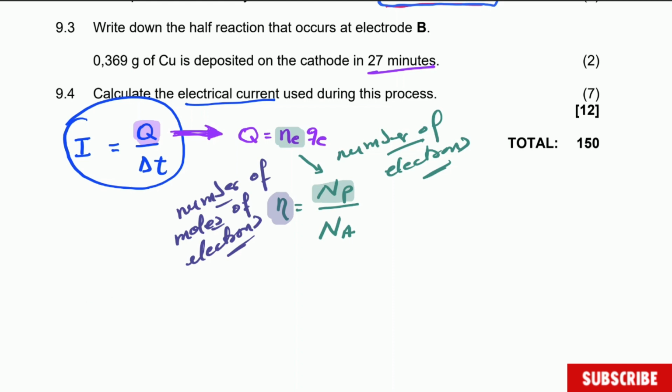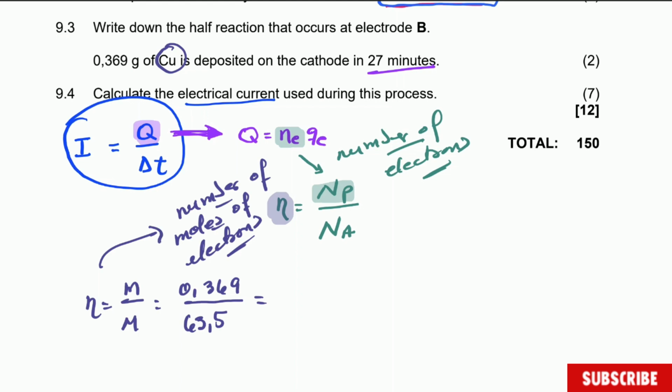Now where do we calculate the number of moles? Number of moles is equal to mass divided by molar mass. The mass is given to us as 0.369. The molar mass of copper, we're working with copper, you go to the periodic table and you'll find that it is 63.5. Remember, no, let's fix this one.